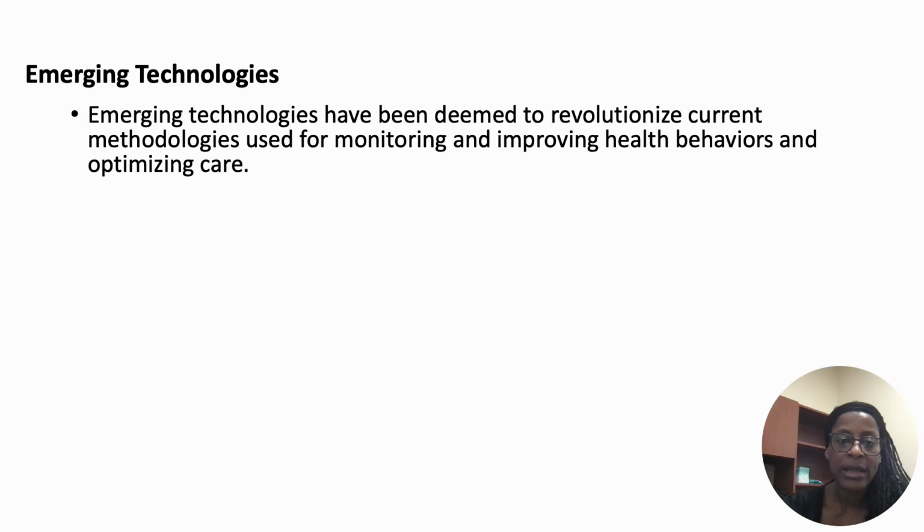In addition to apps, emerging technologies have been deemed as having the opportunity to really optimize care, not only increase access to care, but optimize care. We know it's not only access to care that's important as a social determinant of health, it's also quality of care.